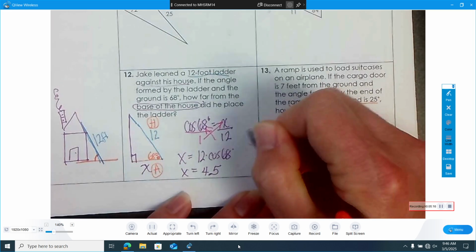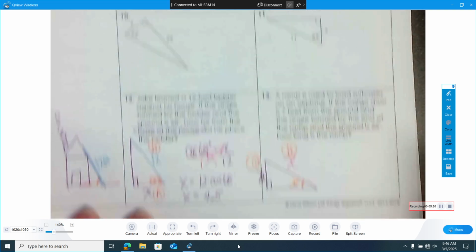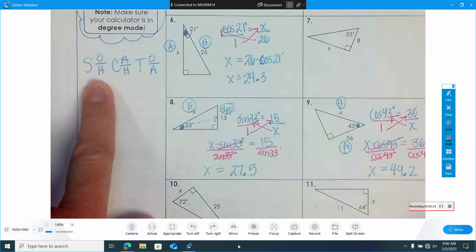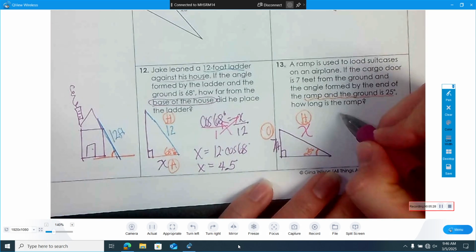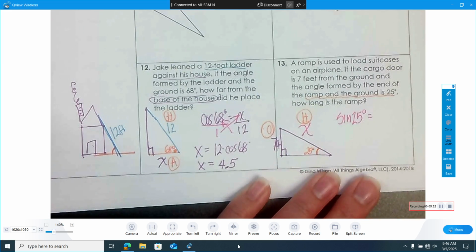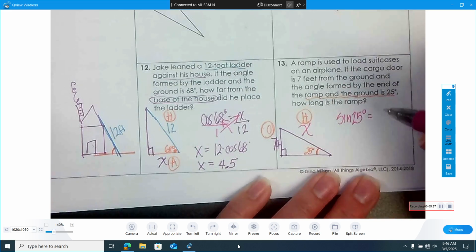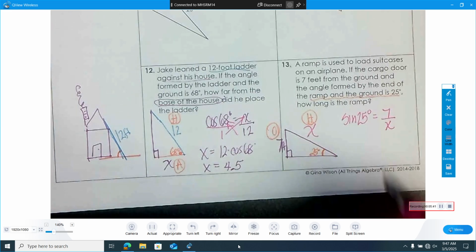So that would be the opposite side label we can give it. Which trig function uses opposite and hypotenuse? Sine uses opposite and hypotenuse. So we're going to set up a sine function here. Sine of 25 degrees equals opposite over hypotenuse. What should I write? 7 over x. All right, 7 over x.